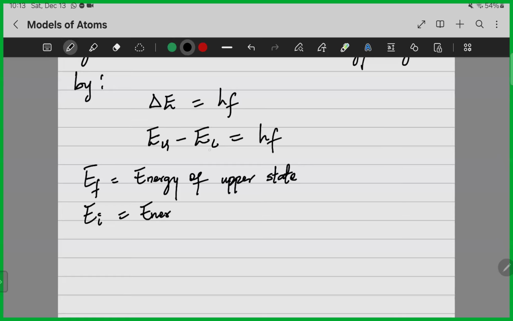Energy of upper state minus energy of lower state.